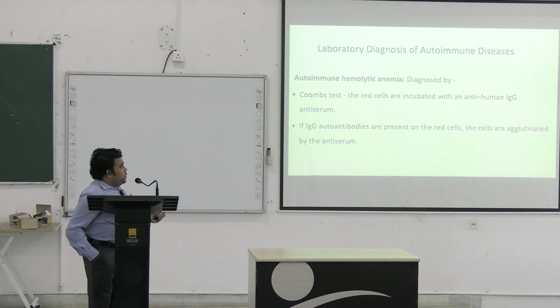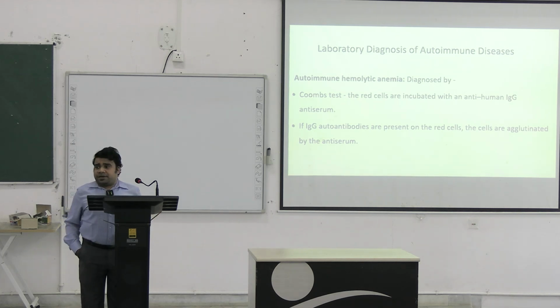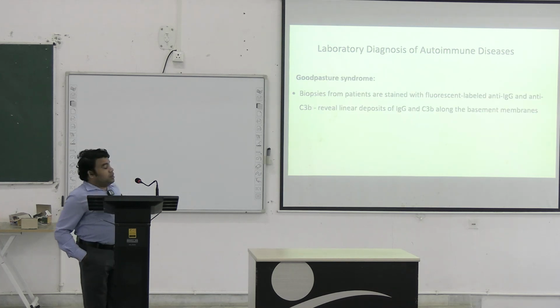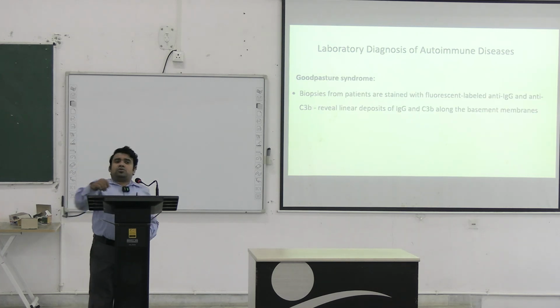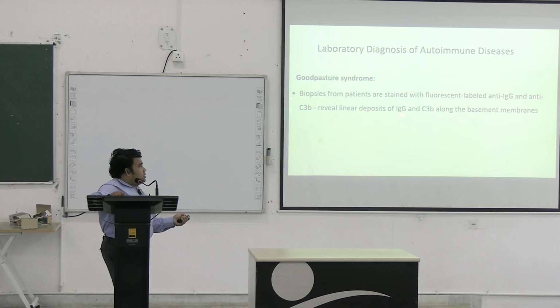So, we can detect by Coombs test or directly detecting the IgGs. But like in Goodpasture syndrome, the IgGs are deposited on the kidneys and the lungs. For detection of that, we need to do a biopsy and show the presence of these antibodies.